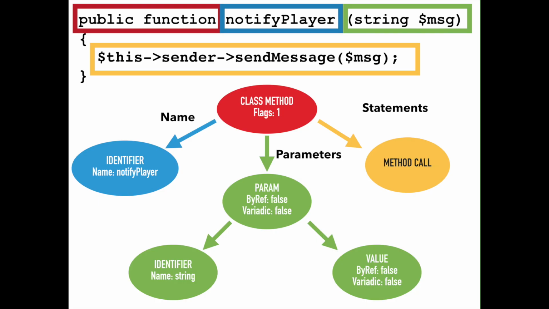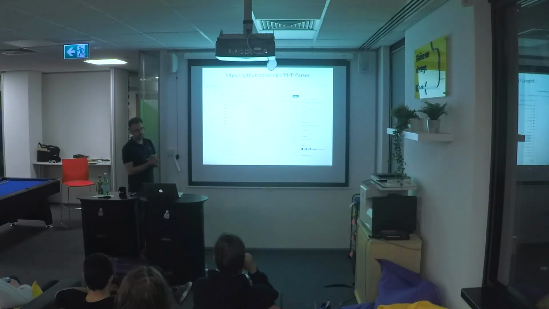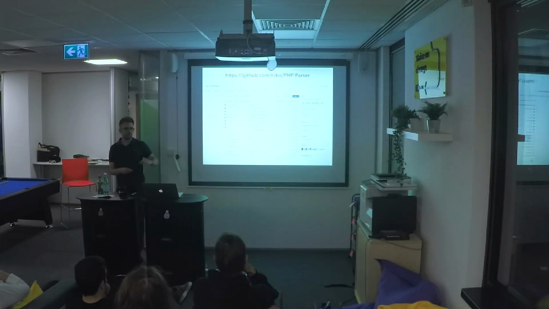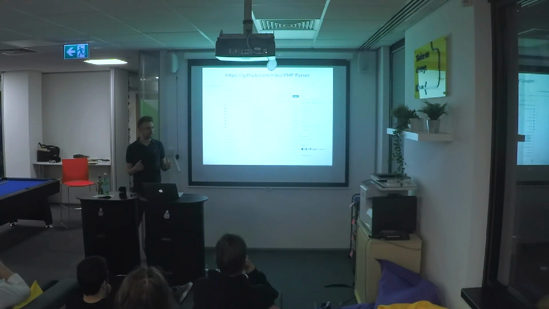So the real takeaway from this is any code you write in PHP can be represented in the abstract syntax tree. And there is a PHP package called PHP Parser, and this is a PHP representation of the abstract syntax tree. When we're actually executing our code, all of this is done in C, but the static analyzers are often based on this library, PHP Parser.